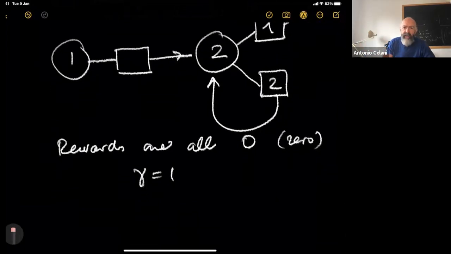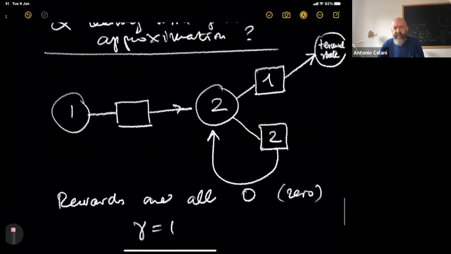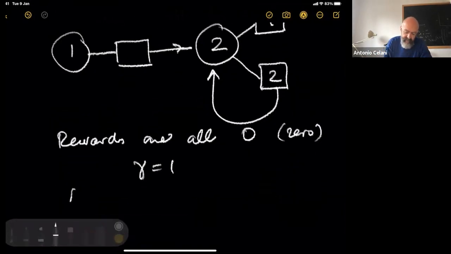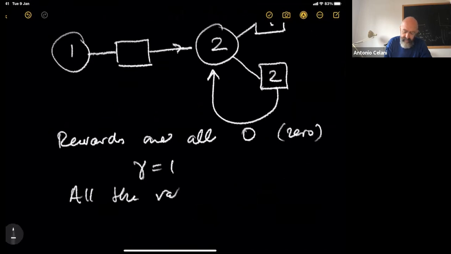Now, I have now at this point to introduce function approximation. So put as it is, okay, just as an MDP, if you try to use any algorithm, dynamic programming, if you know the model, Q-learning, SARSA, if you use tabular versions of this, if you're model free, clearly the solution is that all the values are 0. So there's no reward whatsoever.